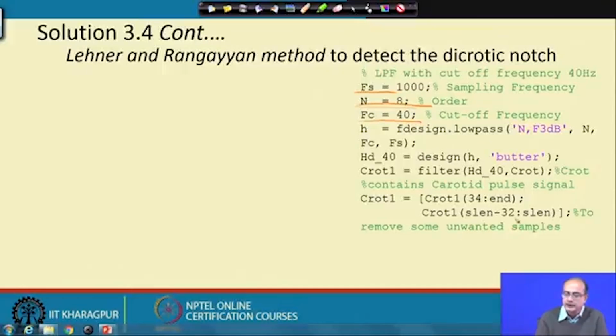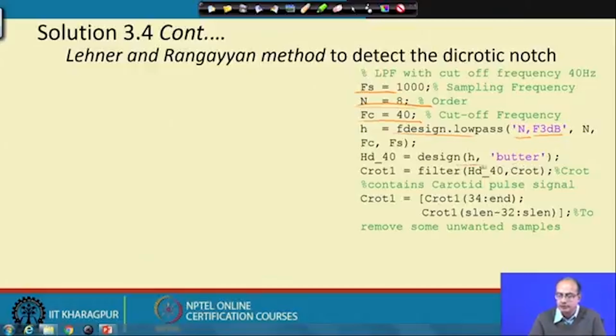So it is a low pass filter with cutoff frequency 40, and we design that filter using the 3 dB bandwidth and the model order of the Butterworth filter.